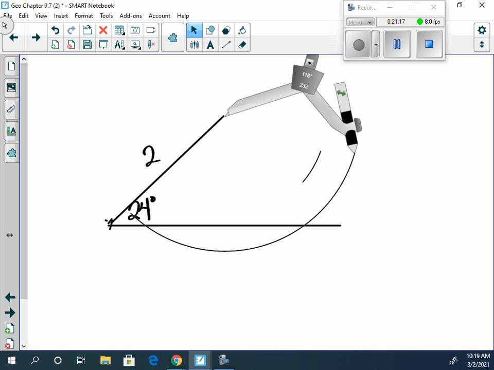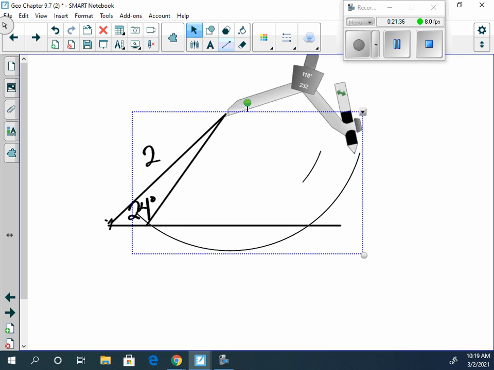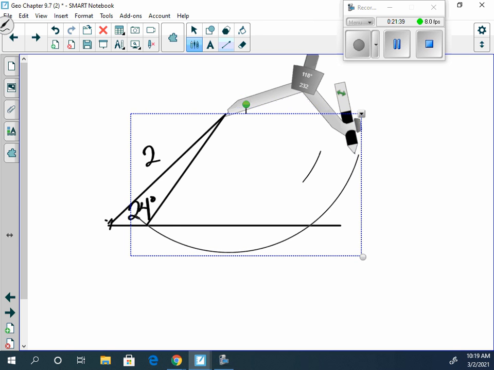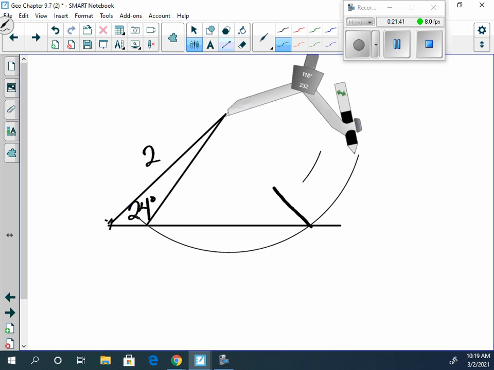Because what this is showing is that this length here, from here to here, is going to be the same as from here to here. So if we said that this was 4, these are just measures, but those lines would be the same, yes?